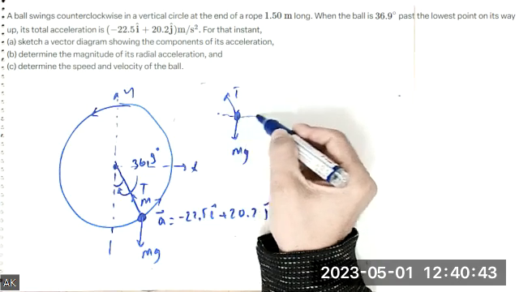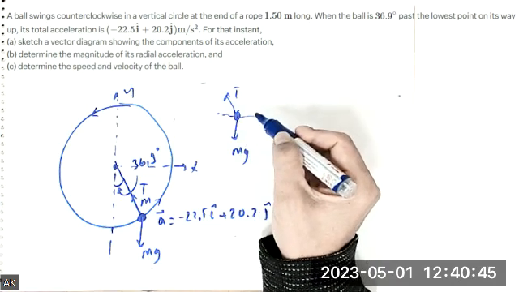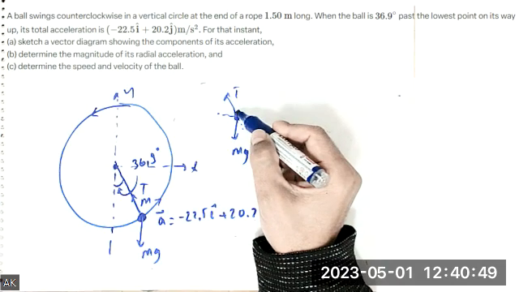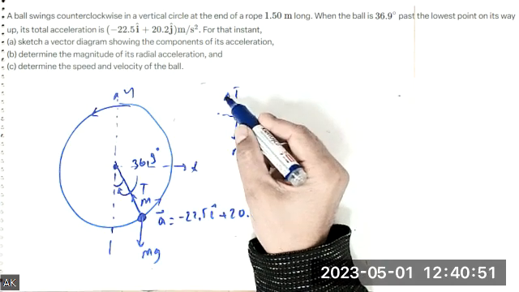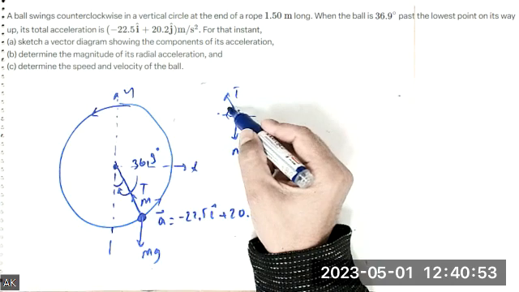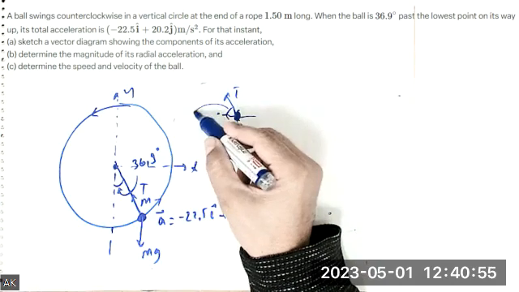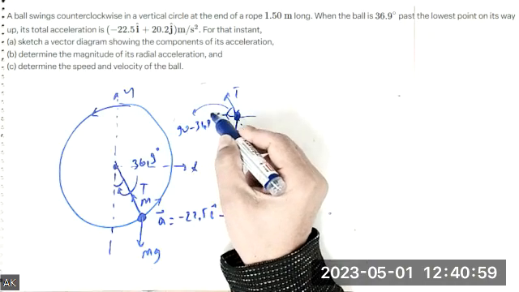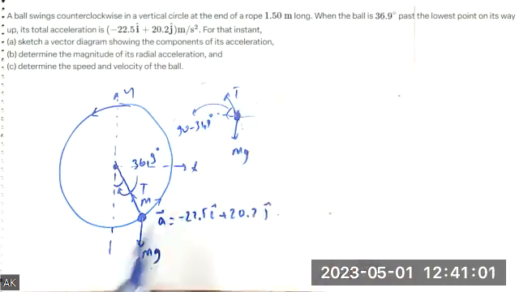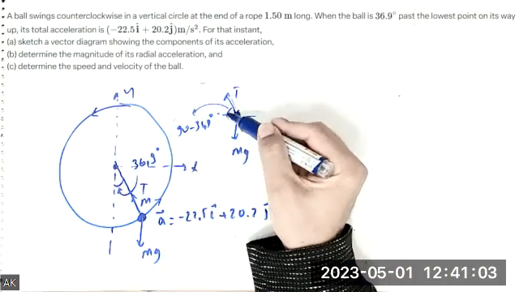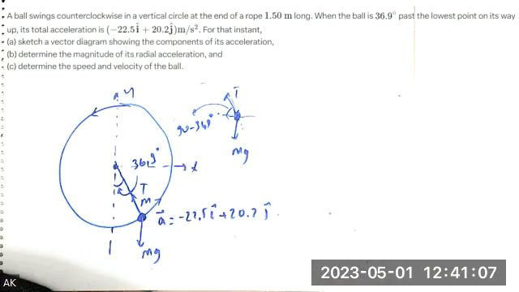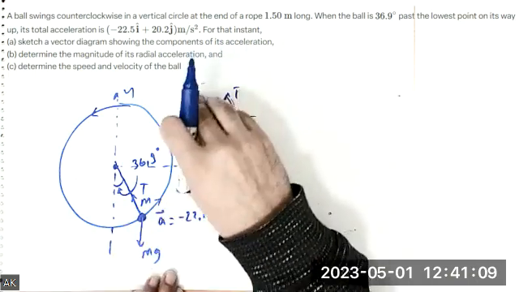And you can resolve this, you know that this is going to be the angle. The angle is over here. This is 90 minus 36.9, etc. You know the angles also. You know the angle of the T making with the horizontal, or let's erase this one.